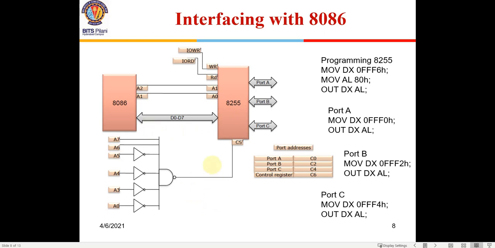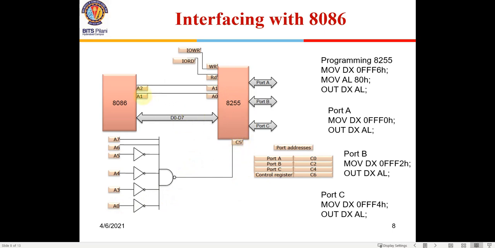Similarly, you could have 2 ports which are connected. So if you want to take 16 bit data from 2 ports together, it is possible. That is why A0 is used for chip select. A0 is not put here, A1 and A2 are given out here. So A0 will be used as a chip select for 8255, like it has been done for the memory banking in the same manner.